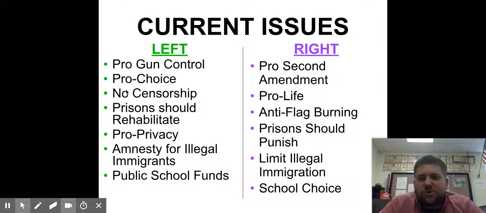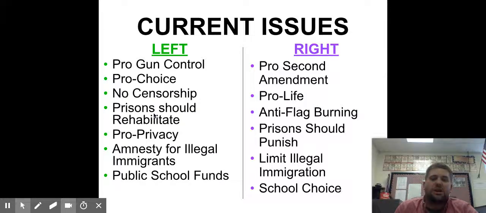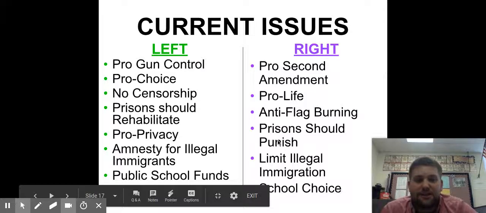As far as some other social issues on the left, they believe that there shouldn't be censorship, that when it comes to the press or when it comes to movies, they should be able to basically produce and show whatever information they want. They believe that prisons should be used to rehabilitate, not necessarily used to punish.